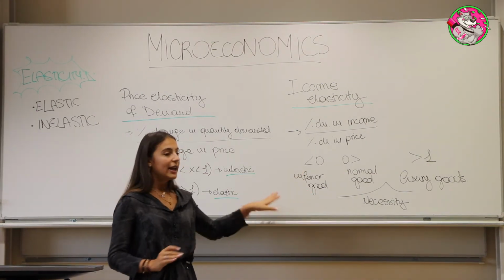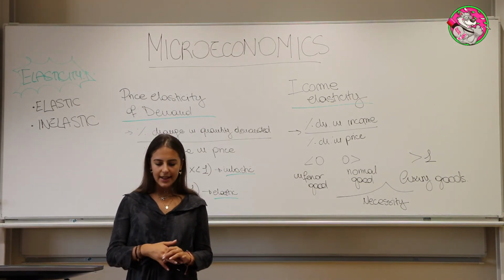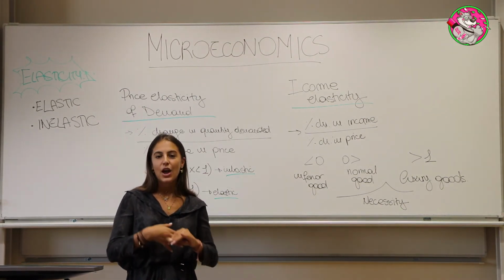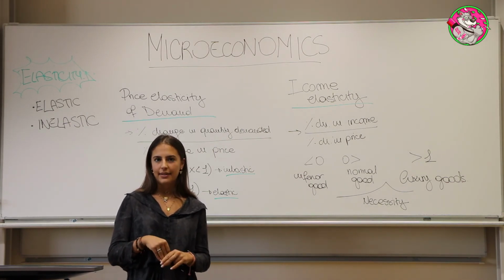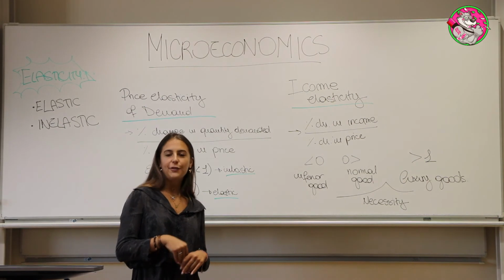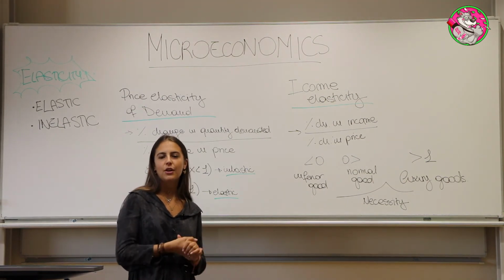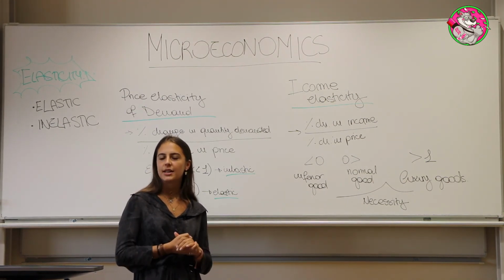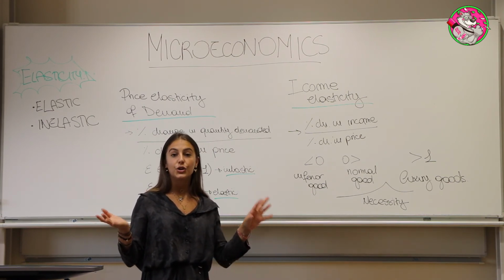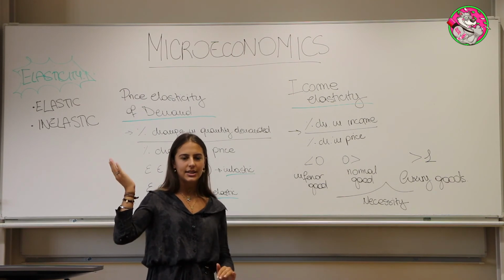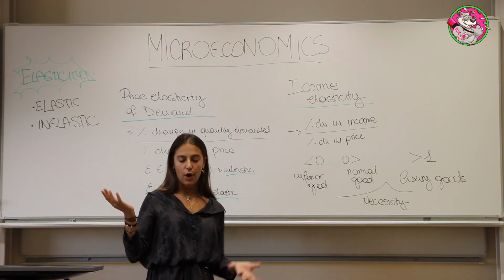So inferior goods are those goods where the higher the income, the lower the quantity demanded. So if you're buying Prosecco all the time, but then your income rises, you're going to buy, of course, champagne. So your income rises and the quantity of Prosecco falls.